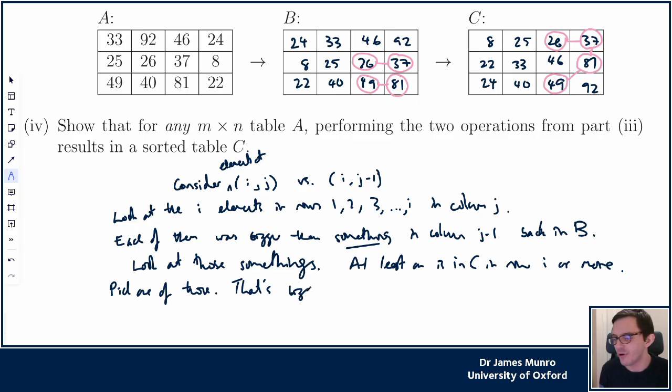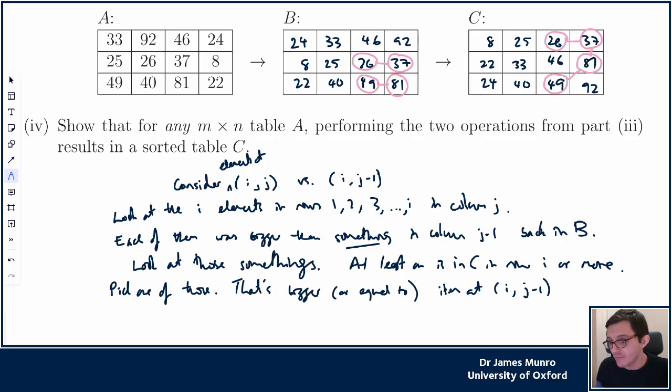That's bigger than, or possibly equal to, depending on if it is that item, the item at I J minus 1. It's been shuffled down far enough that I can conclude that it's bigger than or maybe equal to the item just to the left. And then I'm done because if I can compare one to the left, I can keep comparing to string this together. And that means that the row is sorted as well.